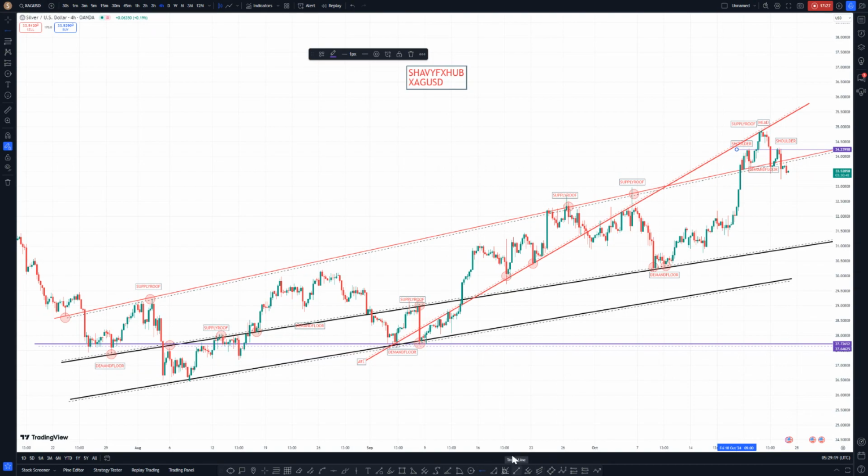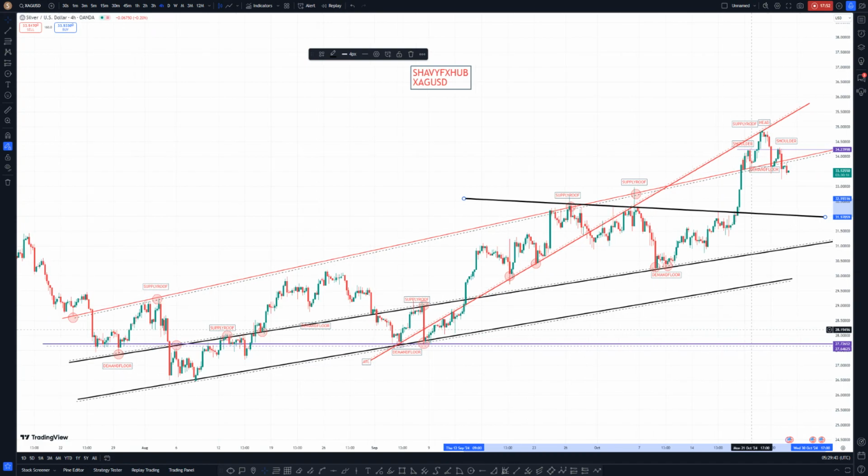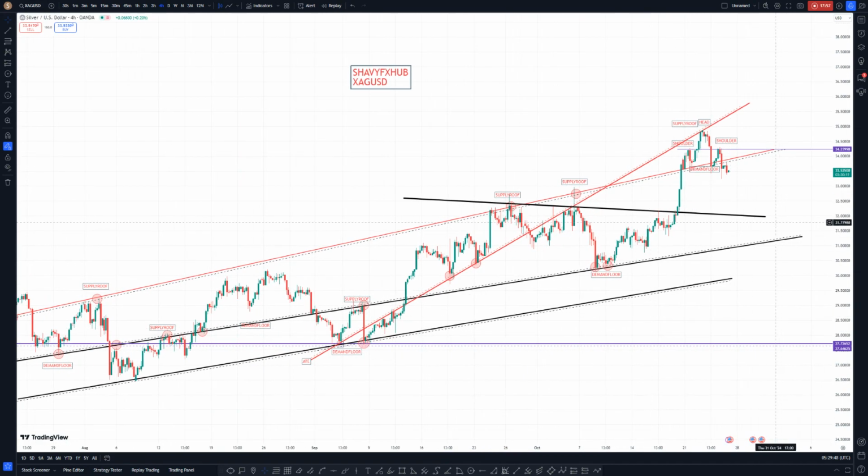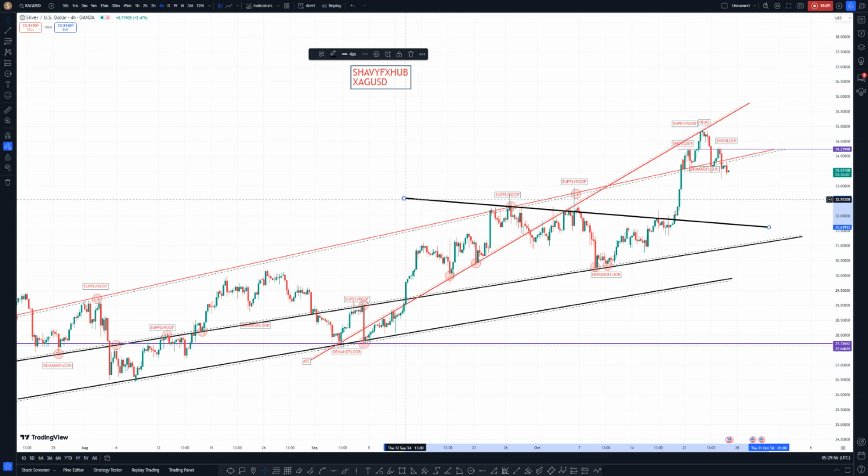Silver might continue to get correction in line with gold up to this level, where we have a considerable, beautiful structure, a breakout from a descending trend line. So we expect a drop into this zone is very likely, very much likely that we will have a drop into this zone, and it might even be something like this because we will be aiming for where we had our retest.